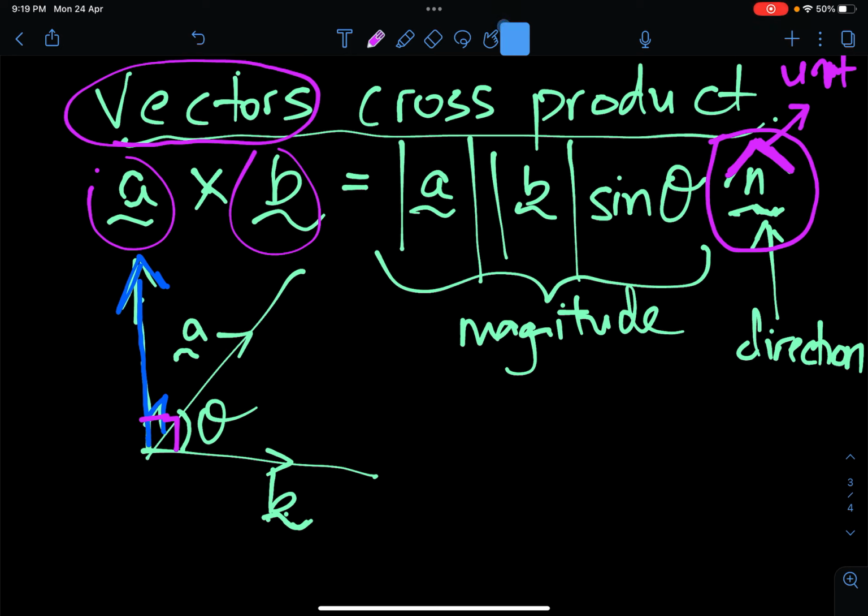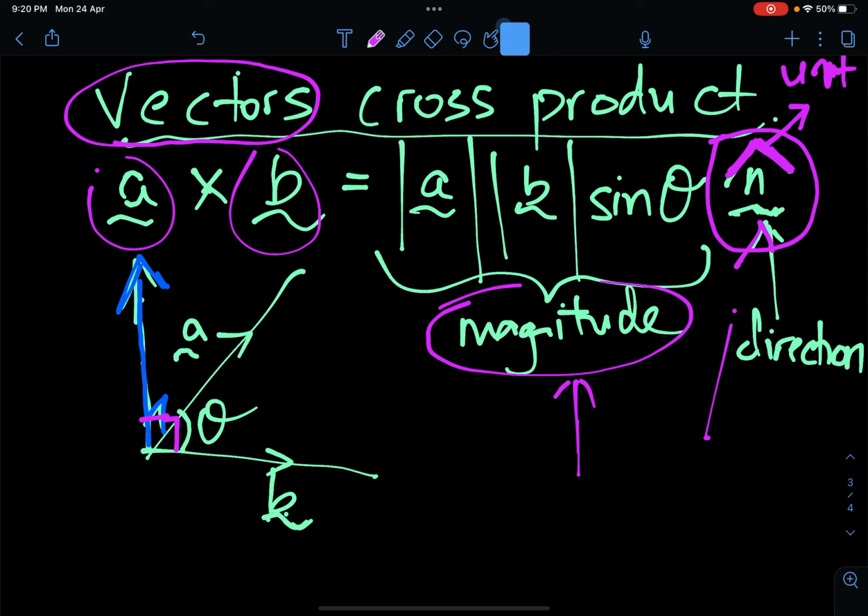Because we already have the magnitude, so we need the direction to have only unit 1 so that we don't double count the magnitude. So mod A is a magnitude, mod B is a magnitude, sine theta is also a magnitude. There's no direction. So this is the length of the resultant vector, and this is the direction of the resultant vector, which is normal to both A and B.